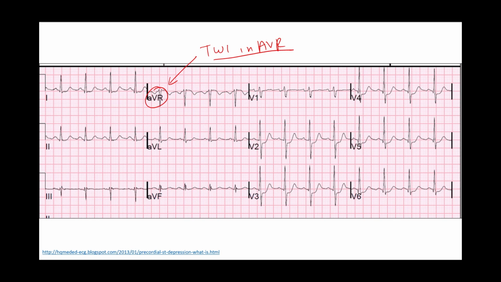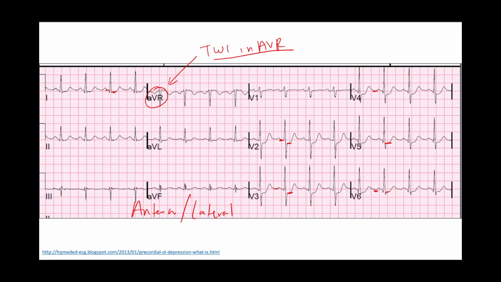What about ST changes? Well, there are definitely ST depressions in V2, V3, V4, V5, and even V6. And also, if you look very closely, we see a small ST depression in lead 1 as well. So this is reflecting the anterior and the lateral portions of the heart. Finally, notice that there are no large pathologic Q waves in any of these leads.